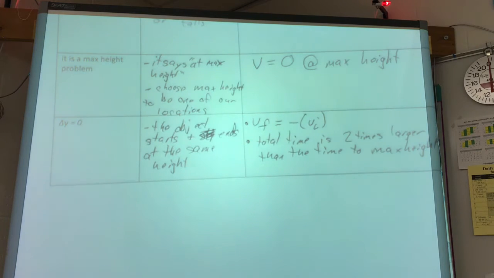Okay, so for example, if I take this ball and I throw it onto the table, and if I'm only looking from when it left the table to when it hit the table, not the throw part, not the bounce part, but if I'm only looking from here to here, it starts here, it ends here, that's a delta y is equal to 0 problem. Okay, if I throw it from here and I catch it right here, that's a delta y is equal to 0 problem, if it starts and ends at the same height.